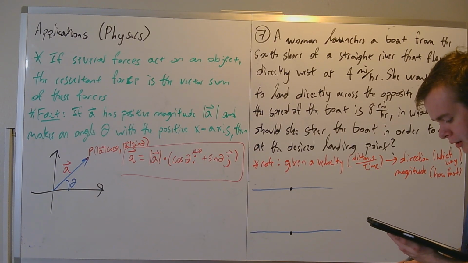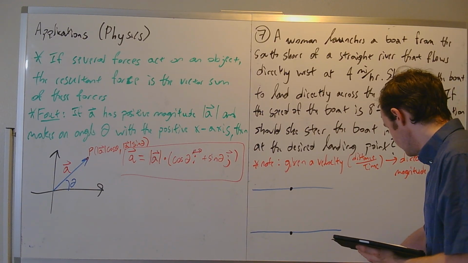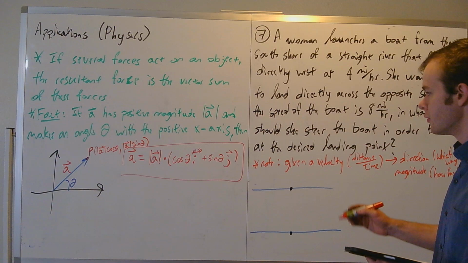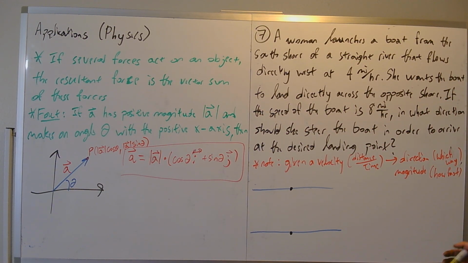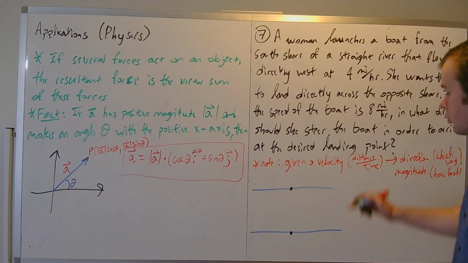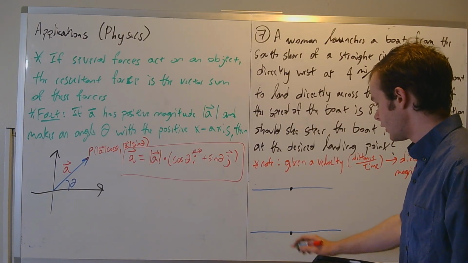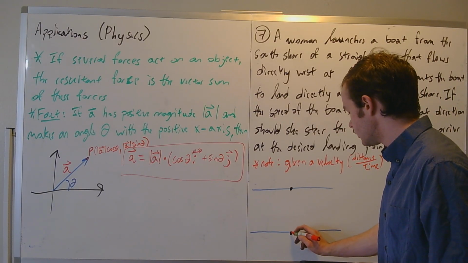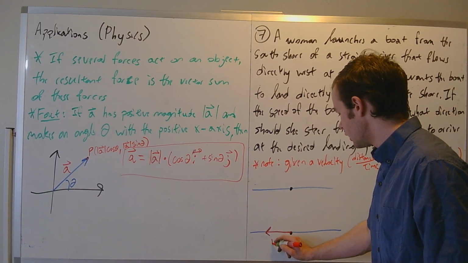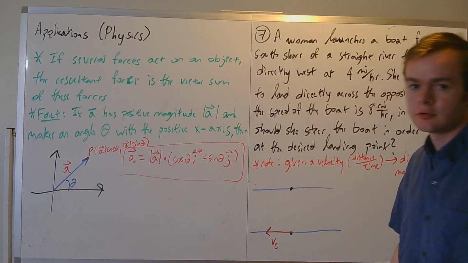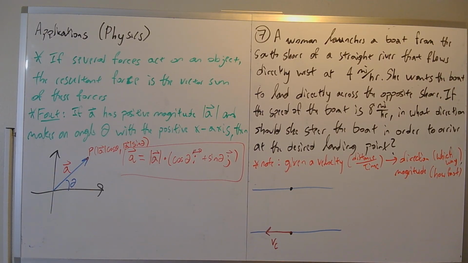And we can represent the velocity of the current as a vector, going west. So north, east, south, this would be west. So this is the velocity of the current.